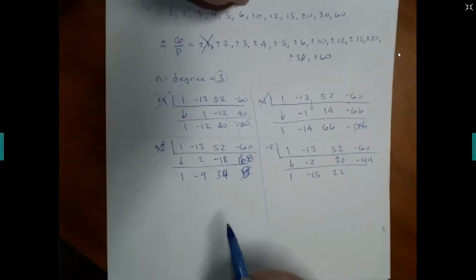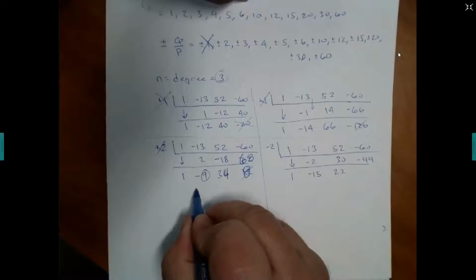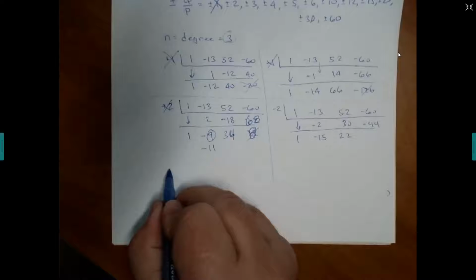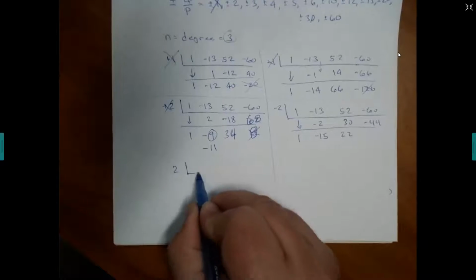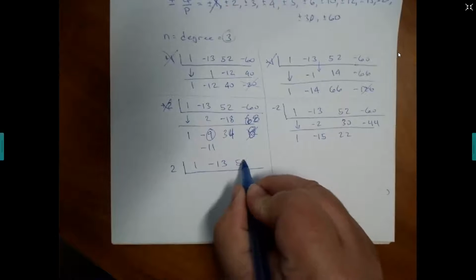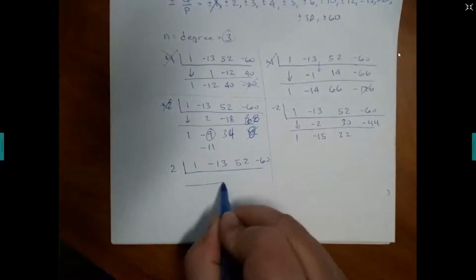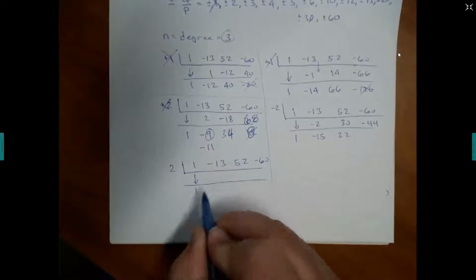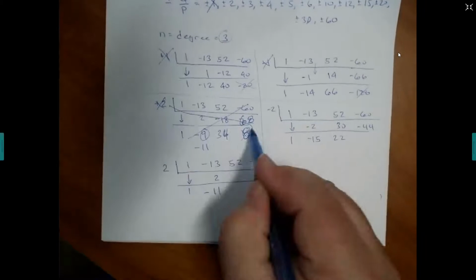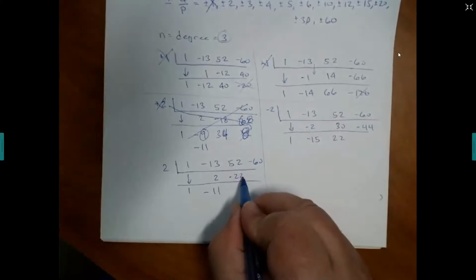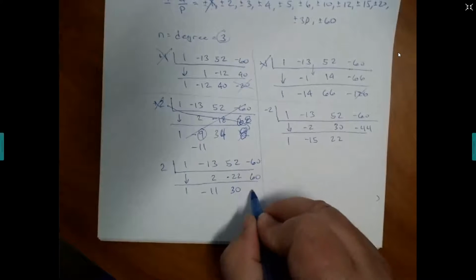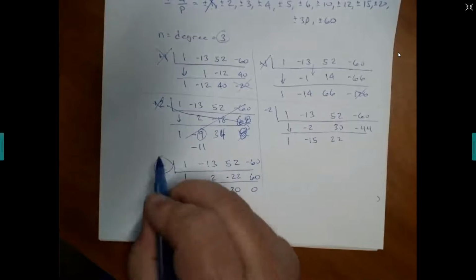That's where I messed up. You guys didn't catch me. This is not negative 9, it's negative 11. So it's 1, makes it negative 11. This makes it negative 22. Then 60.